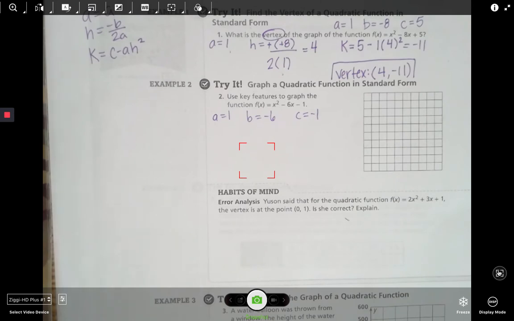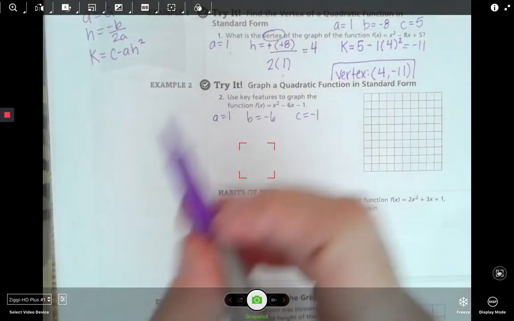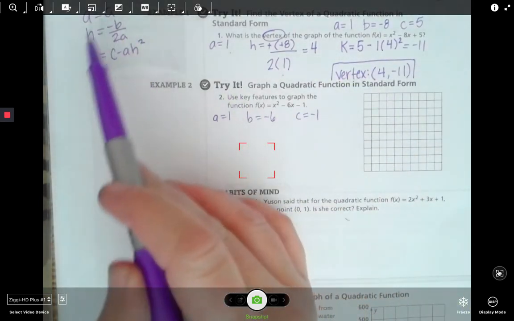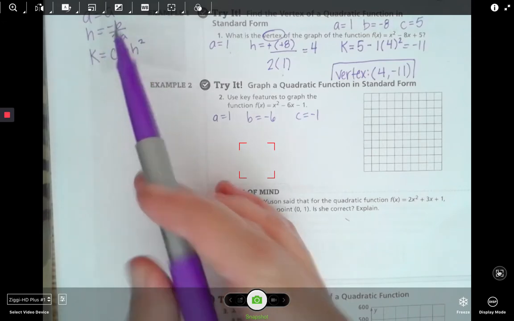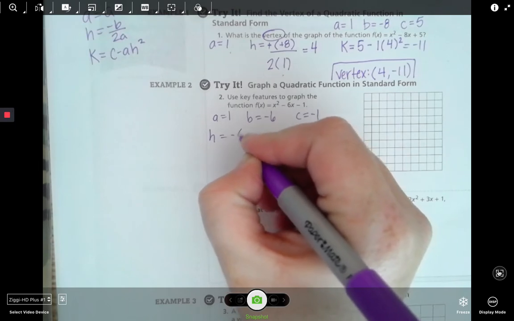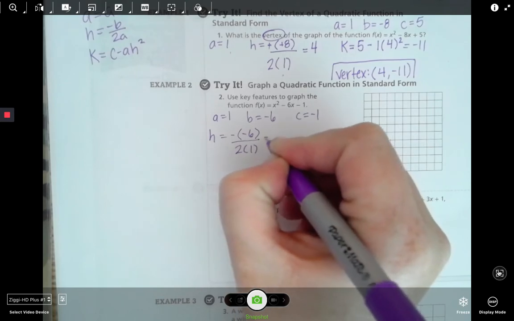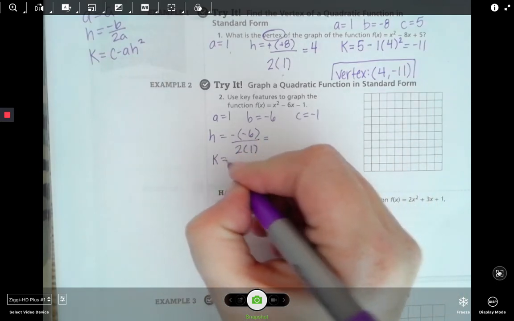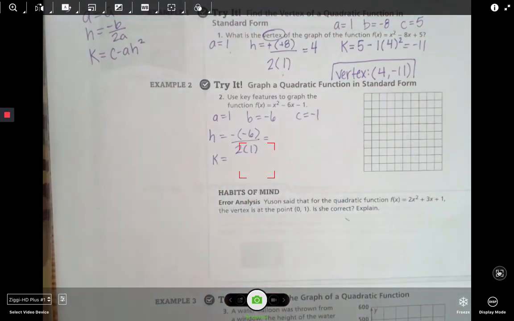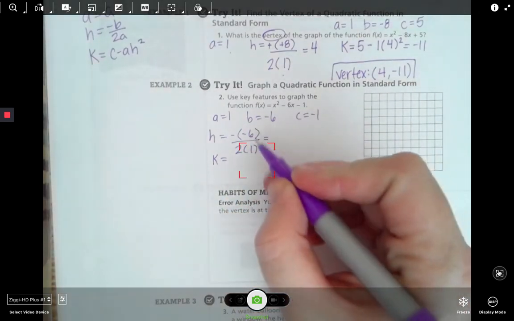Alright, so in order for me to graph this thing, I have to at least have my vertex and my y-intercept. So to find my vertex, I need to find h and I need to find k. So we're going to go back to these formulas up here. h is equal to the opposite of b over 2 times a. So that would be 3.